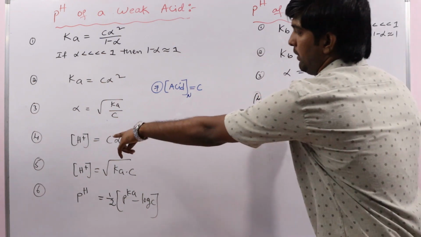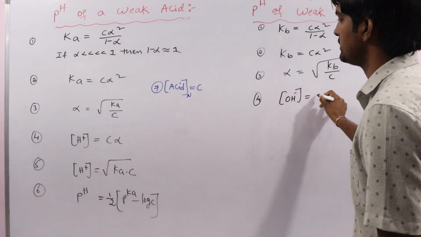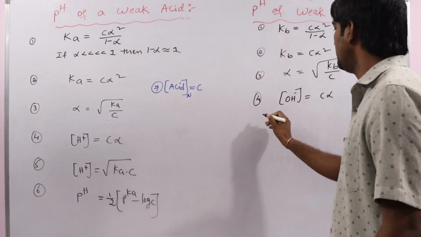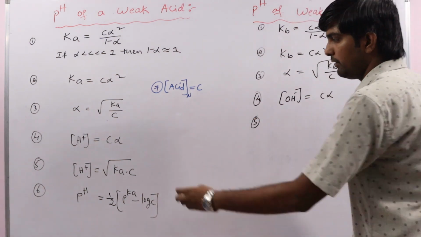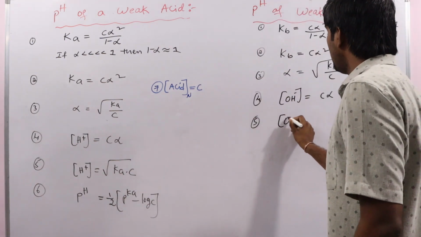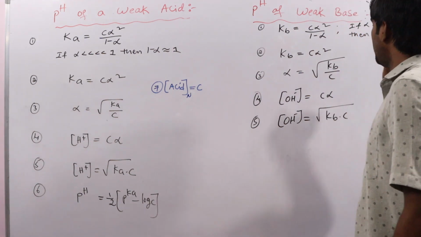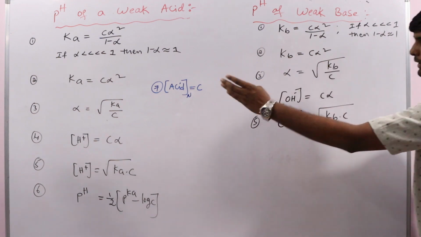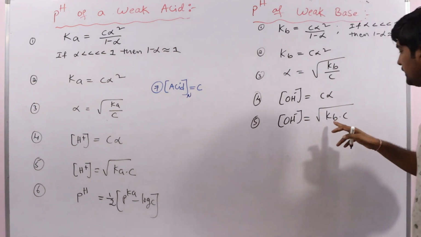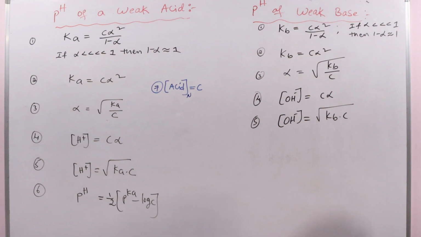Next, here we have H plus ion concentration, and here we get OH minus ion concentration. So here we have H plus concentration equal to square root of Ka into C, and here we have OH minus concentration equal to square root of Kb into C. In the place of H plus we get OH minus concentration, and in the place of Ka we get Kb. Ka is the acid dissociation constant, Kb is the base dissociation constant.